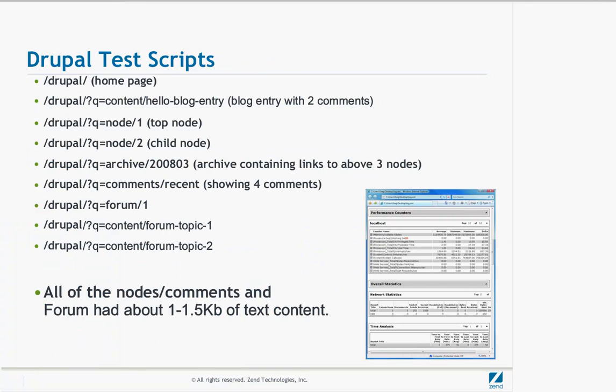As for the scripts and what we did, we automated scripts to go against some of these pages, which included the home page, the blog, some of the nodes, as well as the forum, some comments, things like that. The pages on these nodes for comments in the forum were about 1 to 1.5 kilobytes in size.